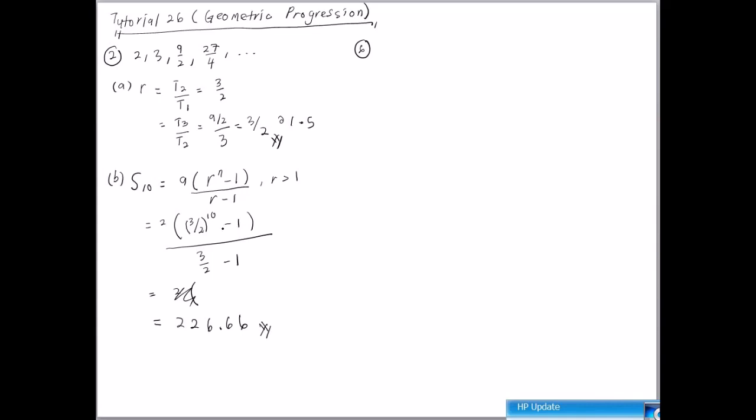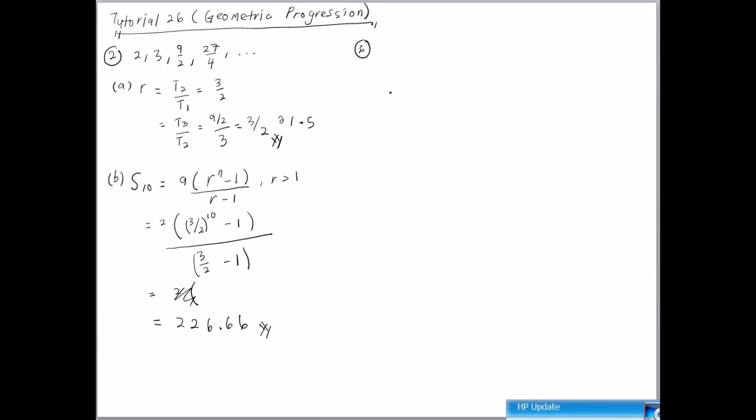Okay, we get 56.66503906 multiplied by 2. We get 113.33000781, and then divide by, put in bracket, 3 over 2 minus 1. And then we get 226.660156. Okay, we just take 2 decimal places.